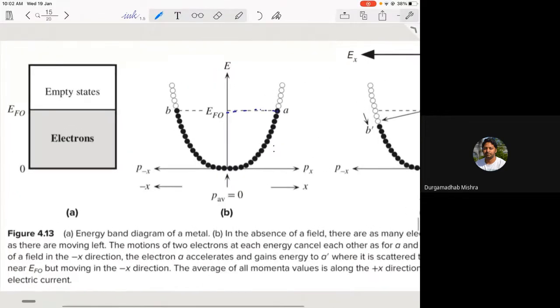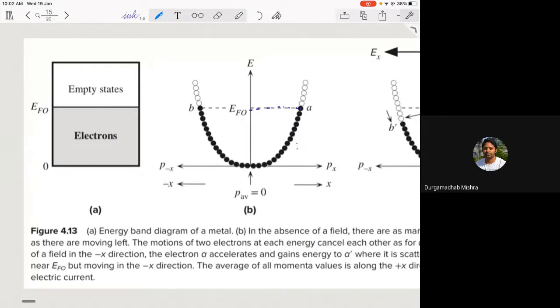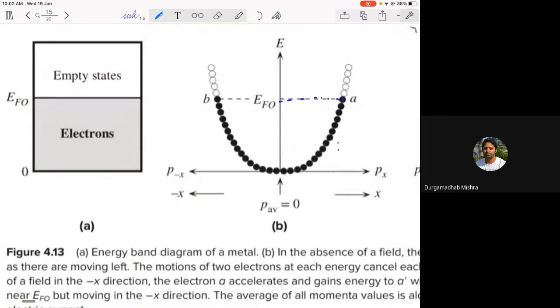This left-hand side picture, figure A, shows the schematic representation of the energy band. In a metal, electrons fill up from the bottom of the band up to a level known as the Fermi level. The Fermi level indicates the energy of the electron in the highest occupied state, and this Fermi energy can be different for different materials.